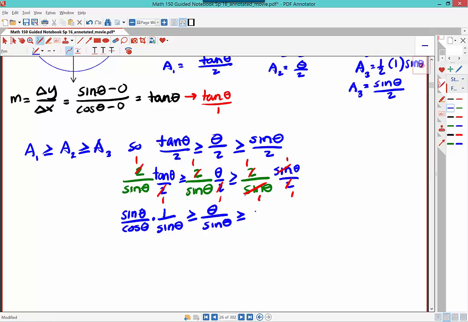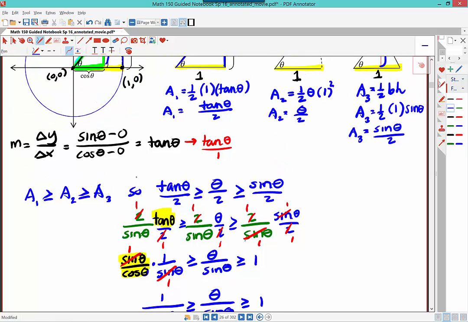Okay, so coming back, these sine thetas divide out, and by the way, I did a little different order. Tangent theta is equivalent to sine theta over cosine theta, and then I multiplied by the reciprocal. So we're going to end up with 1 over cosine theta is greater than or equal to theta over sine theta, which is greater than or equal to 1.